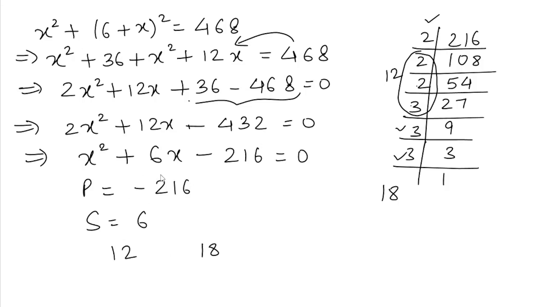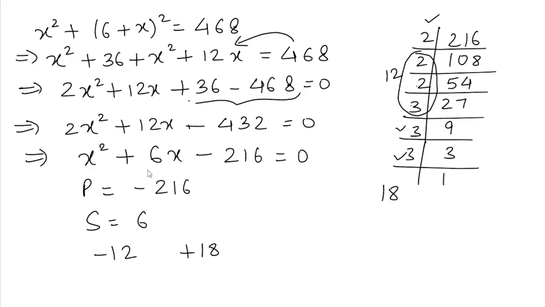Now we want the product as minus 216, so we can make any one of these numbers negative. How are we going to decide that? We want the sum as 6. So we will make 18 positive and 12 negative, because we want a positive sum of 6, so we take the bigger one as positive, that's positive 18, and the smaller one as negative. So I have made this 12 negative.